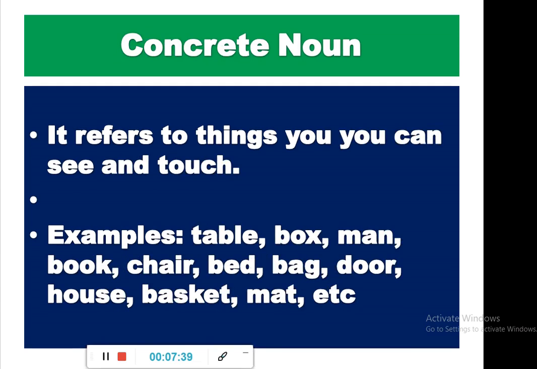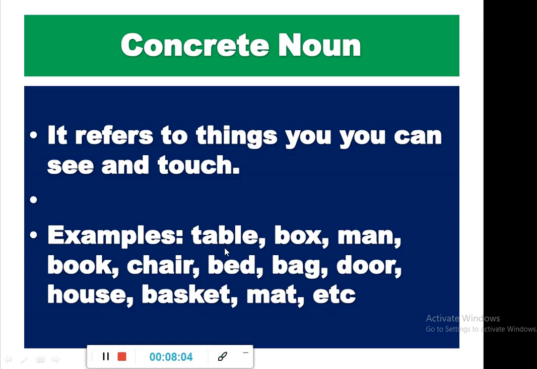Then the counterpart is the concrete noun, and this refers to things you can see and touch. Examples are table, box, man, book, chair, bed, bag, door, house, basket, mat, and so on and so forth.